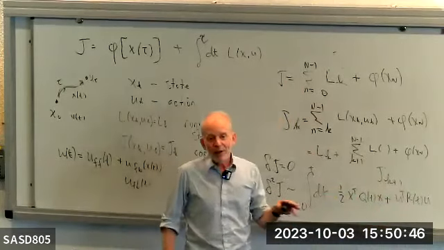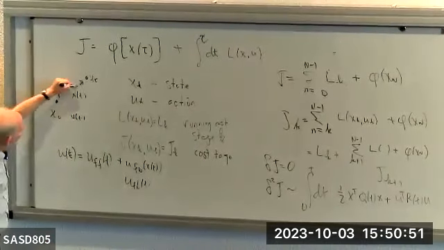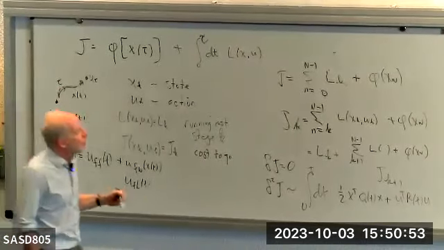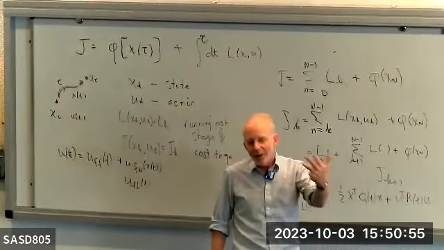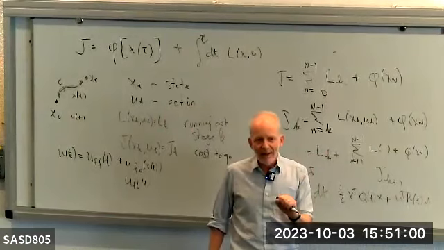And then once you do that, you can also linearize the equations of motion about this trajectory. And you get something of the form that we've been studying, except now the matrices A, B, C, and D are all time-dependent.